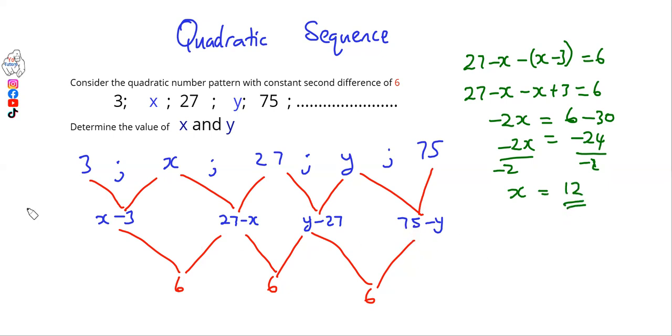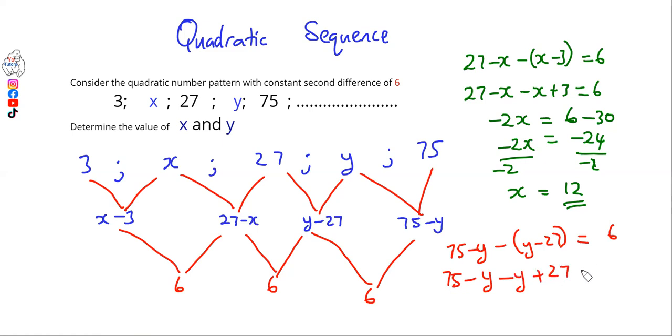What about the y? For y, we're going to use the second one here. If we subtract these two, we're going to get 6. So we're going to say 75 minus y minus, in bracket, y minus 27 is equal to 6. Then 75 minus y plus 27.